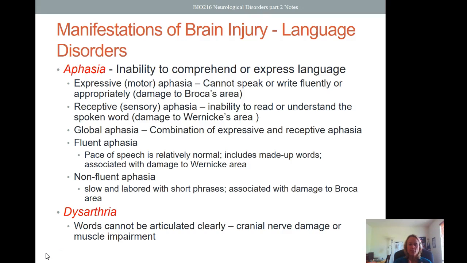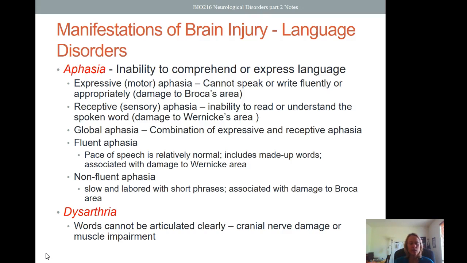Receptive or sensory aphasia is the inability to read or understand the spoken word, and this is due to damage to Wernicke's area, which is found in the temporal lobe and in the left side in most people. Global aphasia refers to a combination of both expressive and receptive aphasia.